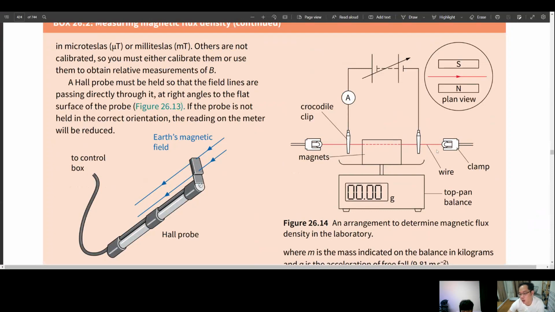Let the current run in that wire. The current will generate a magnetic field, and that magnetic field will pull the magnet up or push it down. We can intentionally change the direction of the current and therefore the direction of the field, causing a push on the magnet. Therefore, the reading of the scale will change, like 100 grams. So we initially adjust the scale to 0 so that the reading later is just the value equivalent to the force that the magnetic field of the current exerts on the magnet.